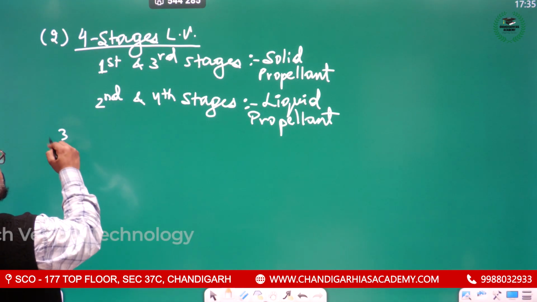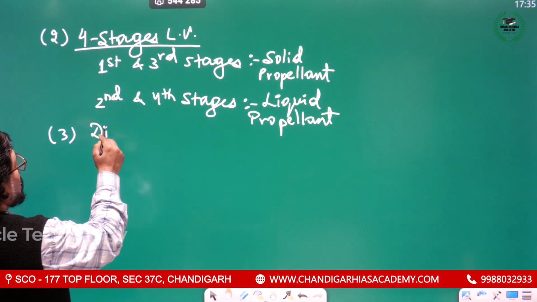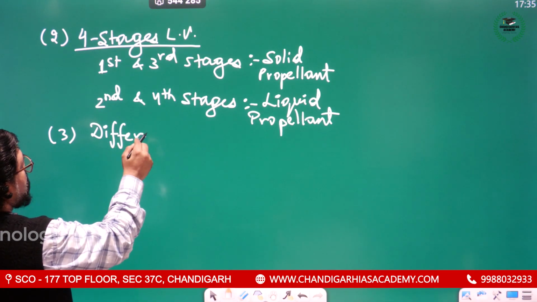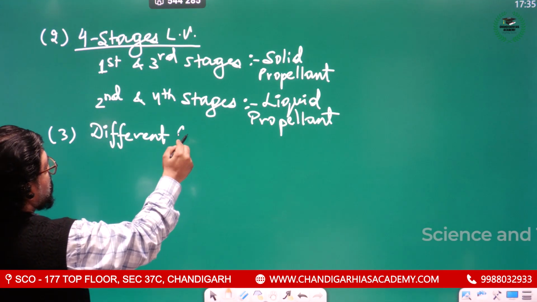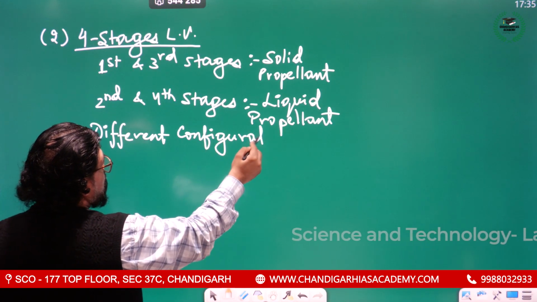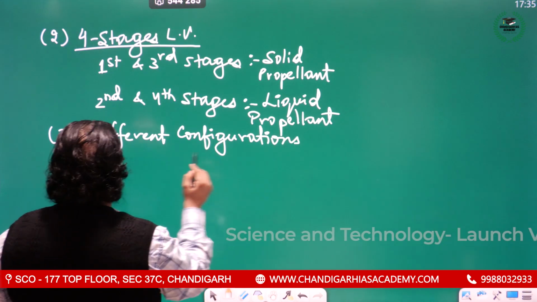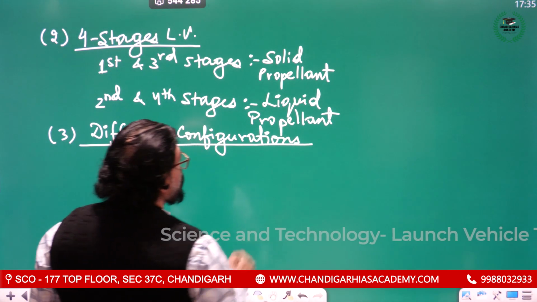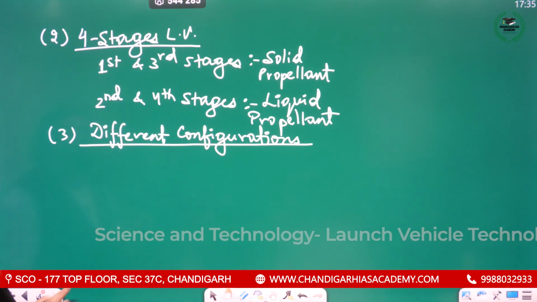Now there are different designs and configurations. Three important configurations come up, and I'll explain them with the diagram.